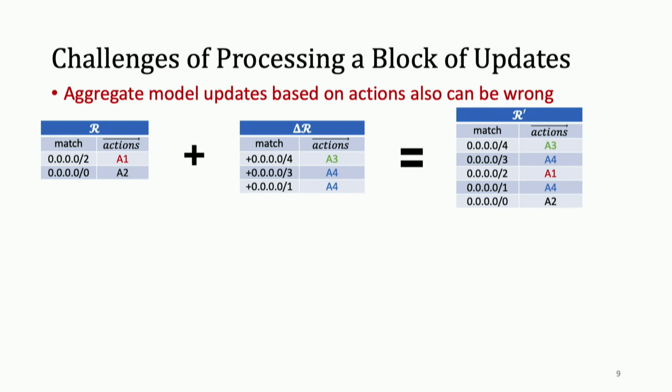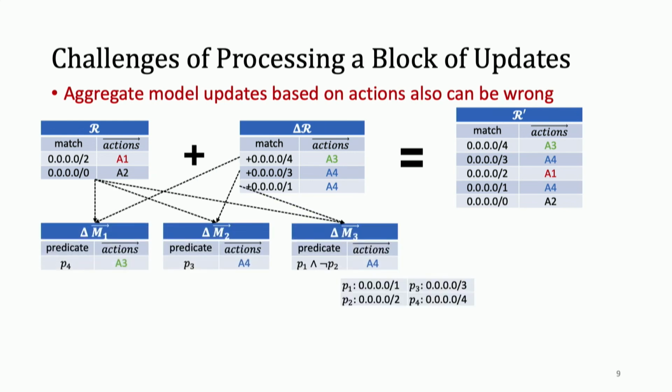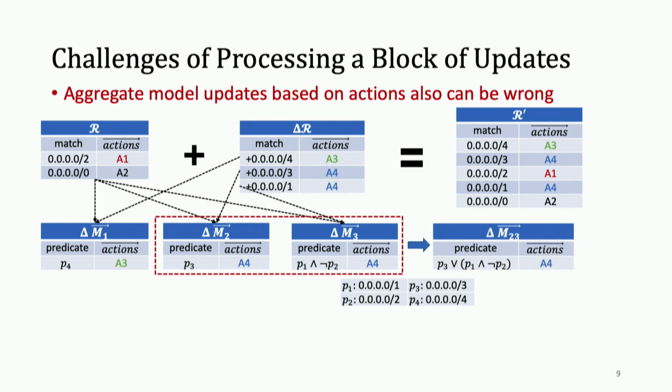Then the second idea is, can we aggregate models? We apply rules to our current model one by one, and then we look at whether we could just aggregate the models directly. It turns out it's also not that trivial. In the same example, we apply every single rule in delta R to the original FIB, and come up with these 3 different model updates.